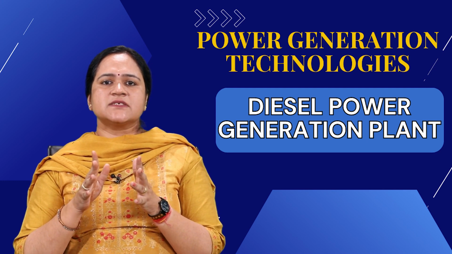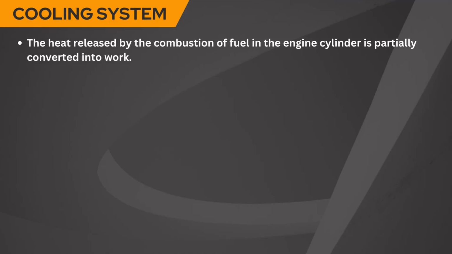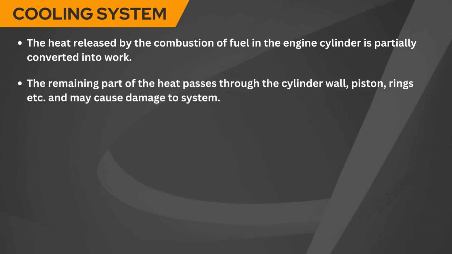As the heat released by the combustion of fuel inside the engine cylinder is partially converted into work, some of the heat is there and the remaining part of the heat is passed through the cylinder wall, piston, rings, etc. And this may cause damage to the system also.